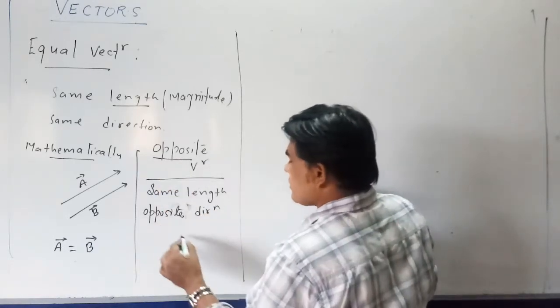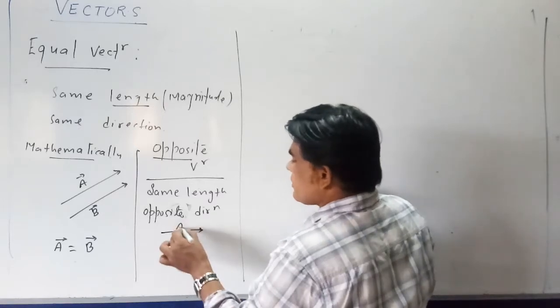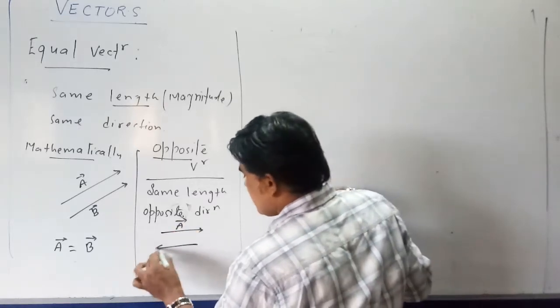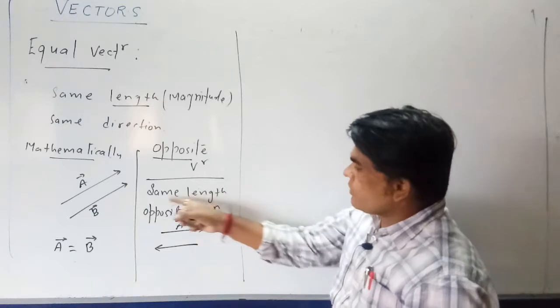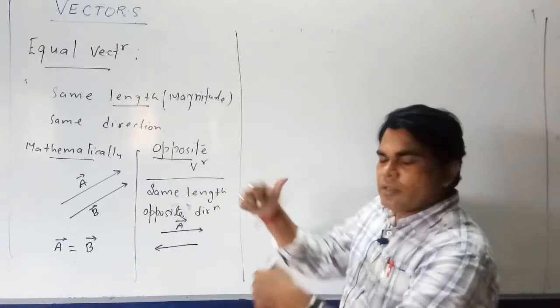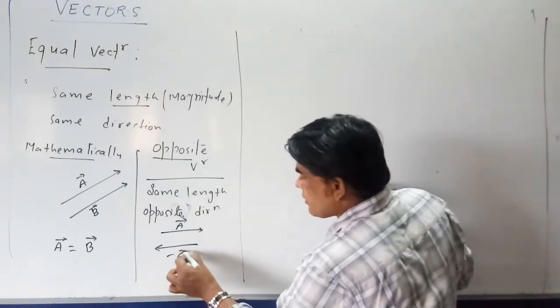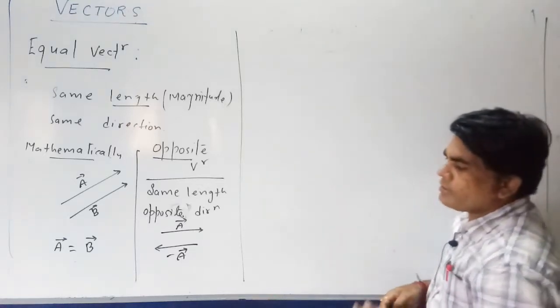Suppose this is a vector A, then what will this vector be? Because they have the same length and the direction is reversed, this will be minus A. These are opposite vectors.